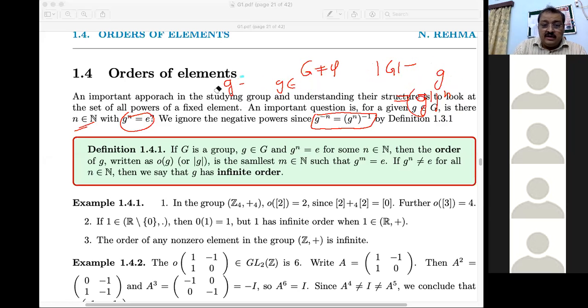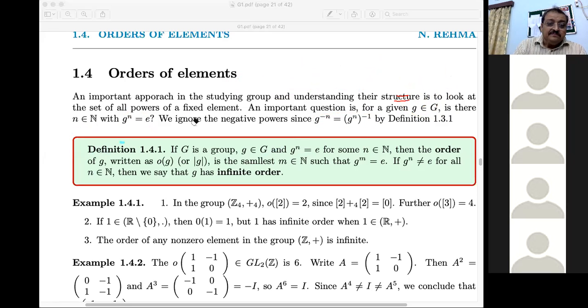So now the definition of the order of an element is this.